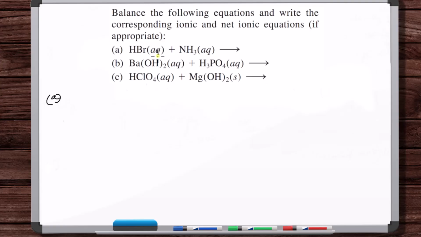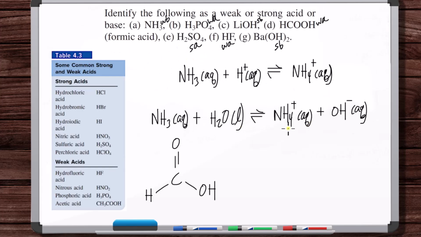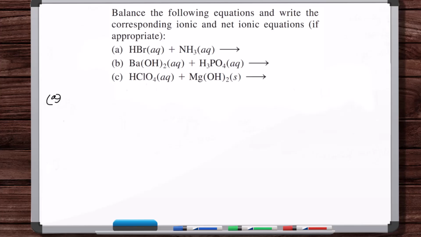What you're actually going to see is using the perspective of ammonia with this perspective here is actually going to do a better job of painting the picture, at least in my opinion, of this neutralization reaction. So, okay, but let's go through this perspective first. All right, so it's going to be a little bit easier if we do the ionic equation first and then come back to the molecular equation.